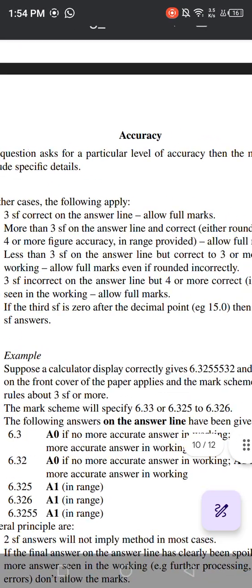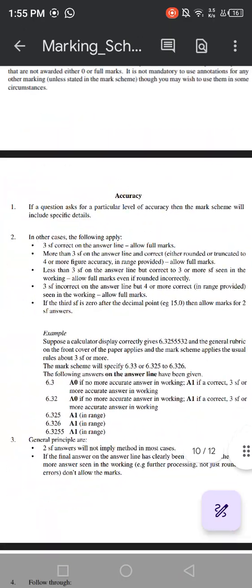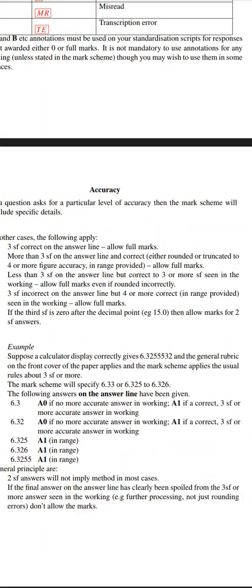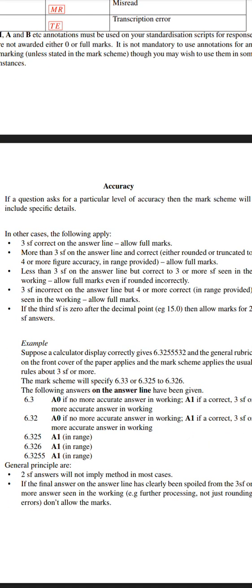Less than 3 SF on the answer line but correct to 3 or more SF seen in the working, then allow full marks even if rounded incorrectly. What does this mean? Even if on the answer line you do not provide 3 SF, for example you round it to the nearest integer but they wanted 3 SF, if your working still has the original number, then you will get the full marks regardless.